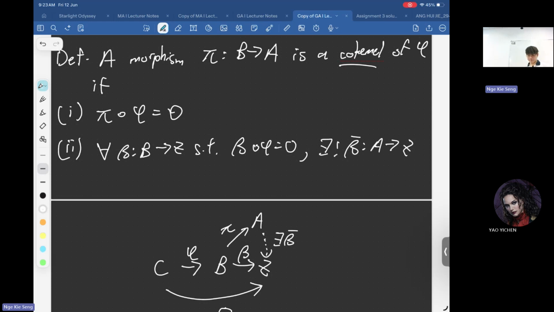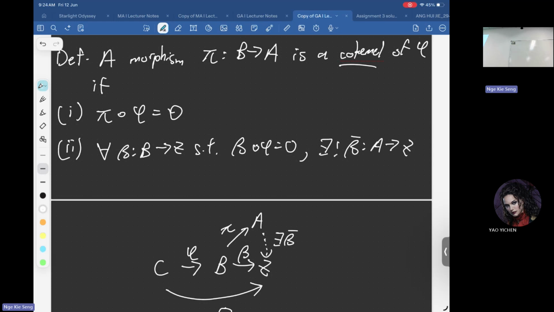Image of the map, yeah. Is that right? Oh yeah, that's right. Because only then your image will become 0.